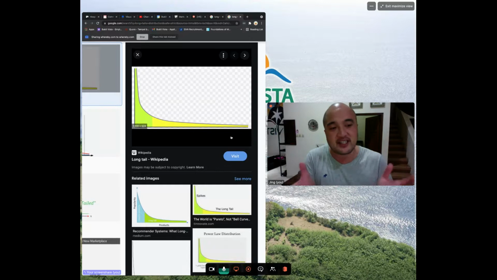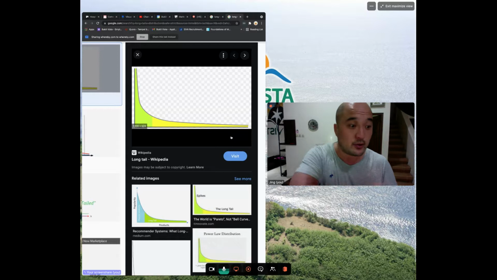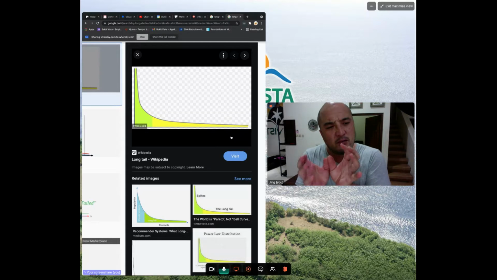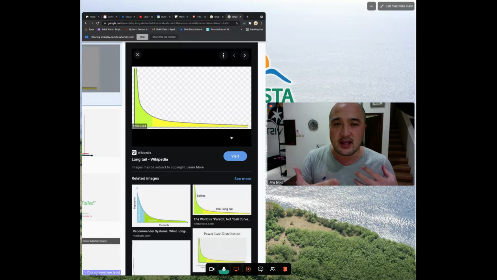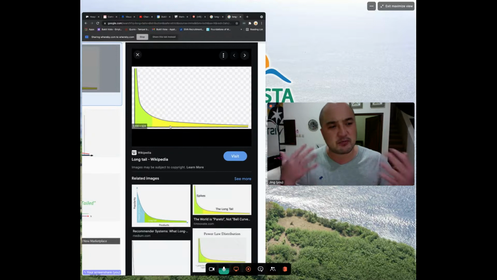Now, what's an example of a tail type keyword? Let's take Bali villas in Ubud with private pool. That's an even more detailed but more obscure keyword that is less likely to show up. But once you get to that level, there is an abundance of those possibilities.